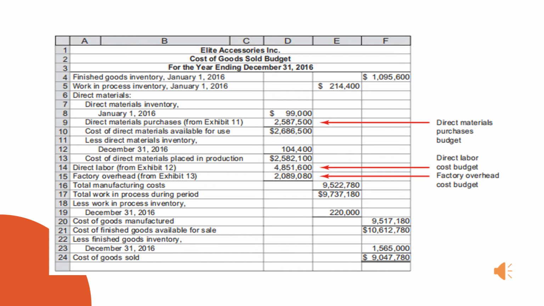Then we would deduct the finished goods inventory of $1,565,000, which was also given in the problem, for us to arrive at the cost of goods sold, which is $9,047,780.